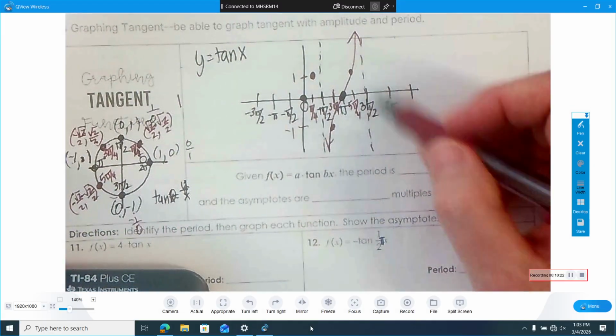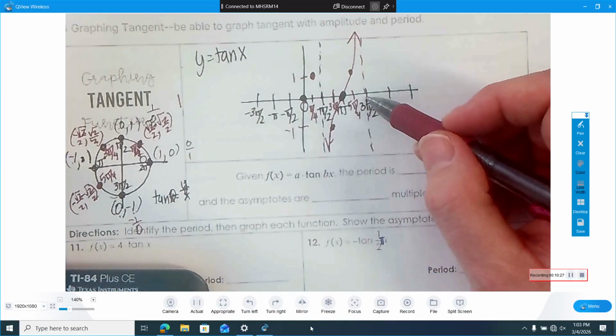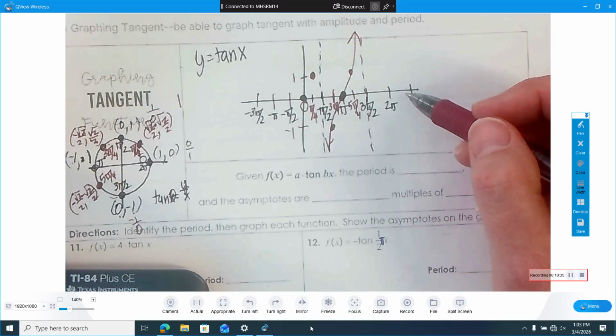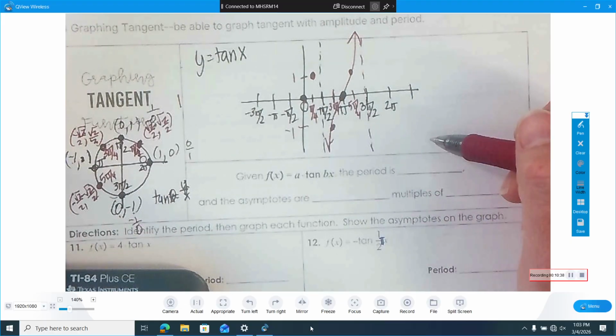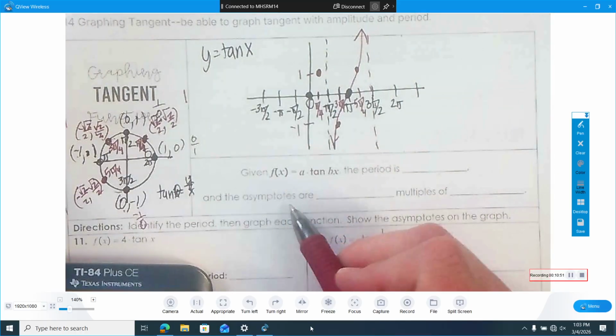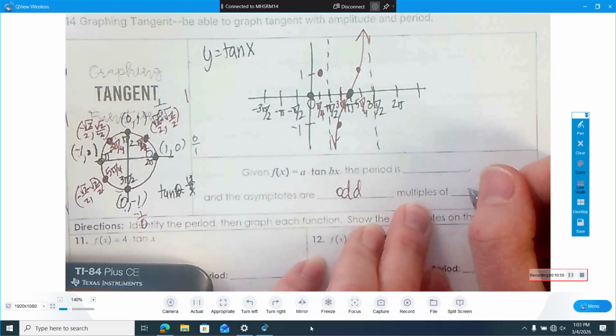And it has asymptotes at pi over 2 and 3 pi over 2 and 5 pi over 2, 7 pi over 2. Do you hear a pattern there? Odd pi's over 2, yeah. So it has asymptotes that are odd multiples of pi over 2.